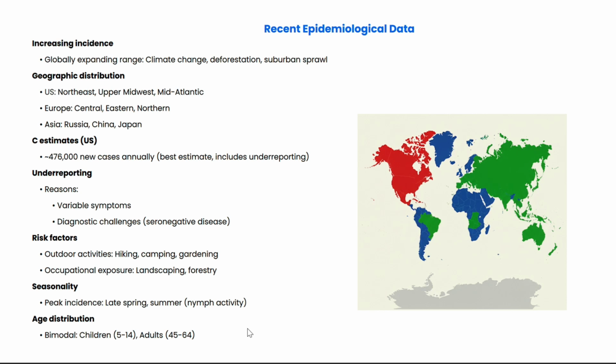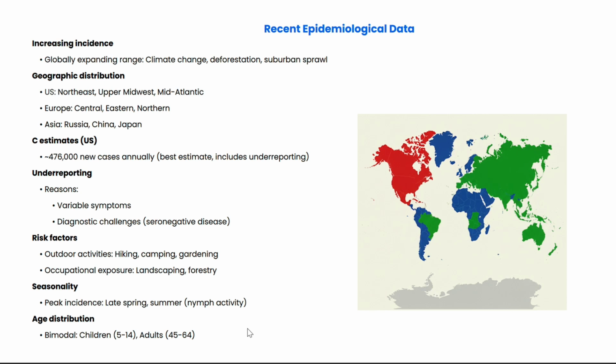Certain factors increase the risk of contracting Lyme disease. These include engaging in outdoor activities such as hiking, camping, and gardening, which bring people into contact with tick habitats. Certain occupations, such as landscaping and forestry, also carry a higher risk. Lyme disease exhibits a distinct seasonality, with peak incidence occurring in the late spring and summer.